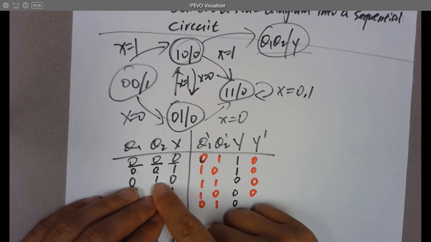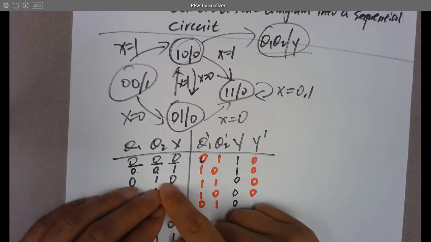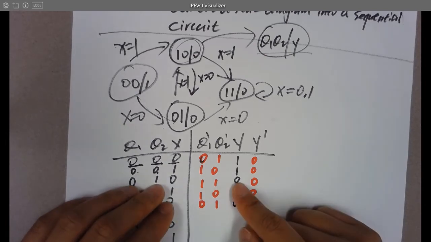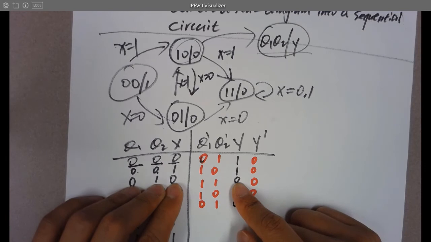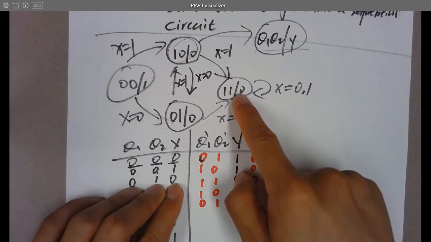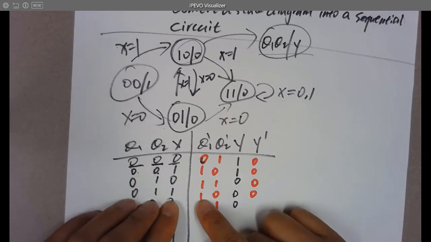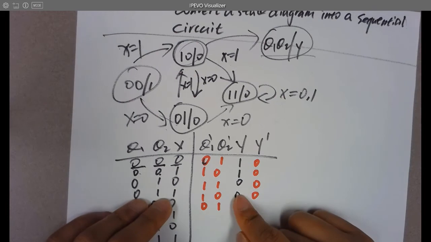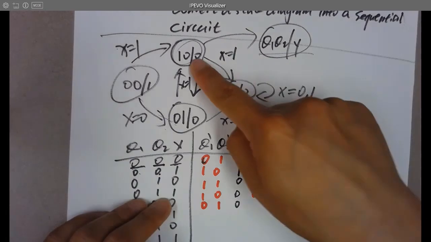See, 0,1,0, when x is 0, it's going to jump to 1,1,0. So that one's right. And now the first one, 0,1,0, when x is 1, will jump to 1,0,0, which is right.